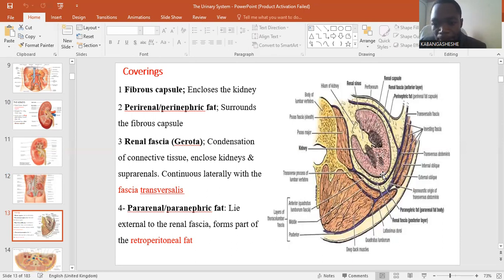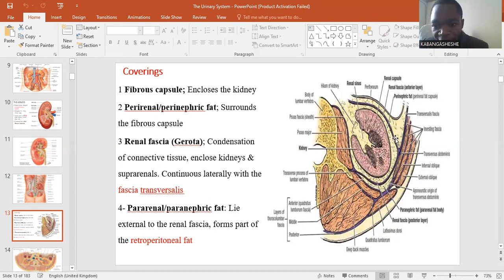Okay, and therefore, we expect to find brown fat in newborn babies to prevent them from having hypothermia. So that is renal capsule in gray there, then surrounded by brown fat, which we refer to as perirenal fat.